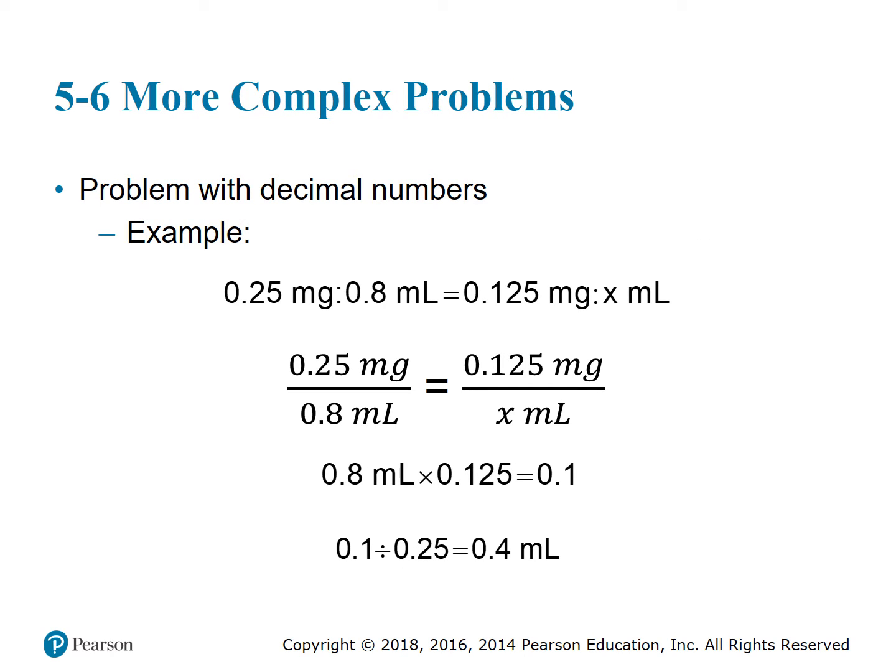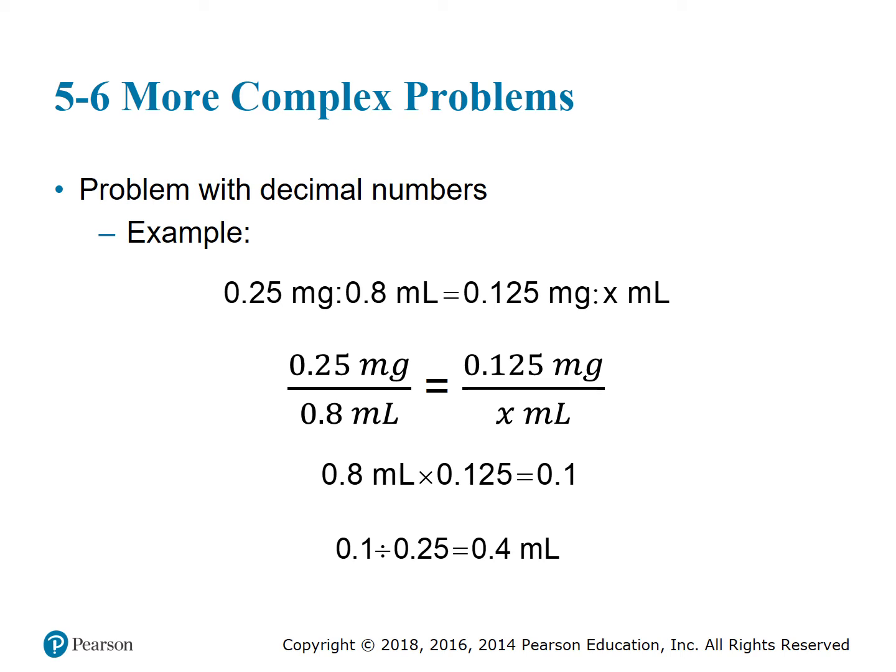So let's look at a more complex problem with decimal numbers. So decimals and fractions may appear in your proportion problems. Although the numbers may be visually distracting, the very same principles are going to apply when we're solving these problems.